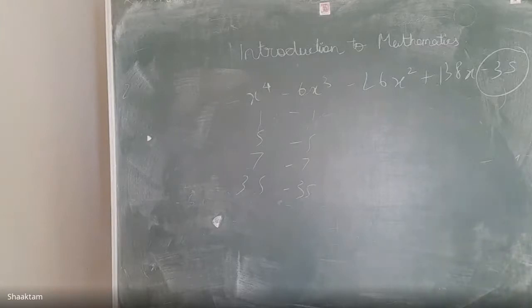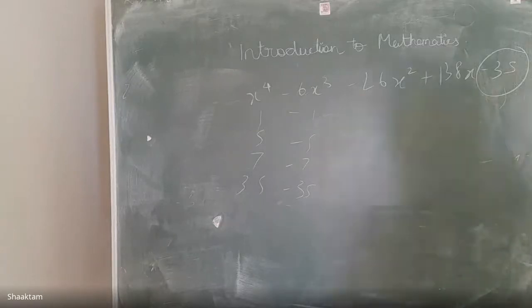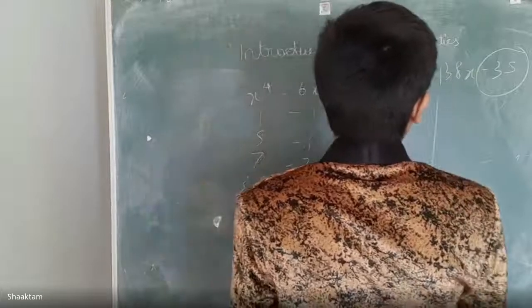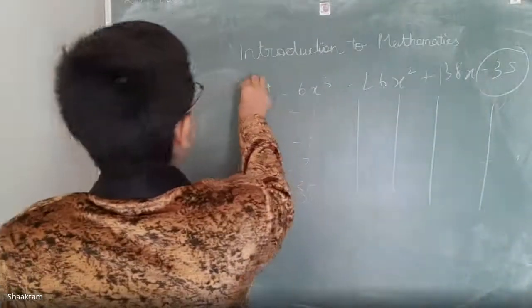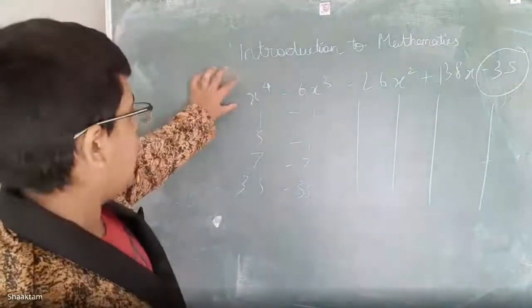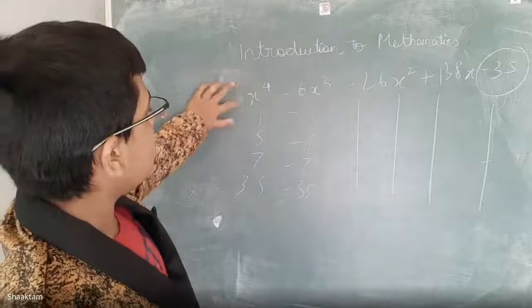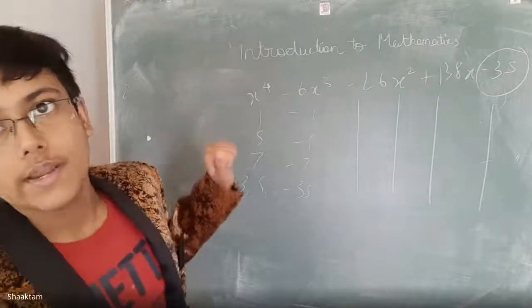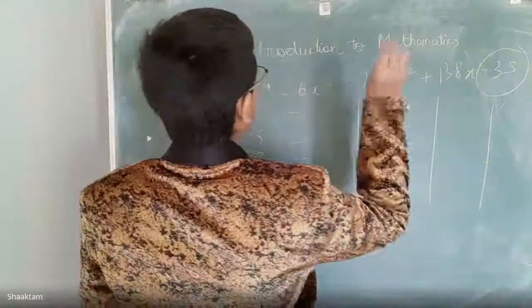Now this is a bit taxing, but this is the most efficient method to solve a polynomial of any degree yet. So let me take the number 7. First, let me make a table with all the coefficients of x. Behind x raised to 4, the coefficient is 1, so I'll put a 1 over here.